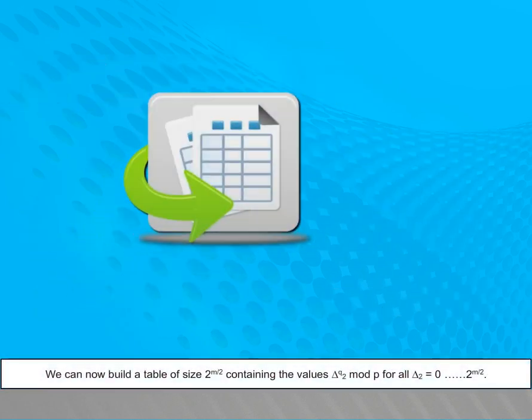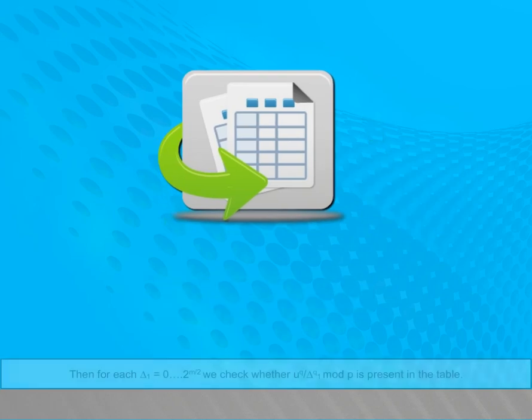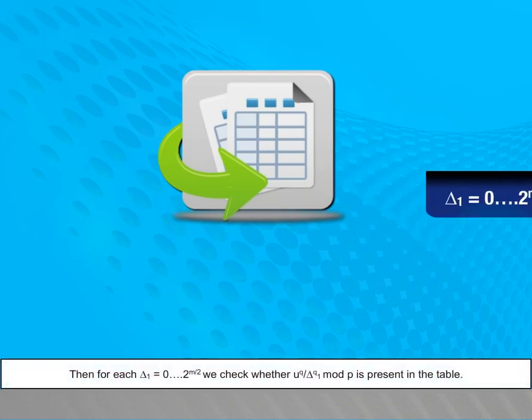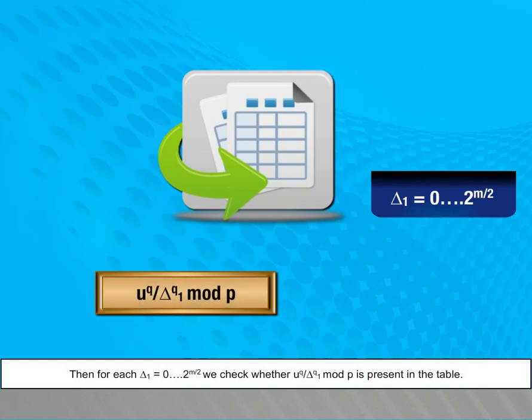We can now build a table of size 2 power m over 2 containing the values delta 2 power q mod p for all delta 2 equals 0 and so on up to 2 power m over 2. Then, for each delta 1 equals 0 and so on up to 2 power m over 2, we check whether u power q over delta 1 power q mod p is present in the table.